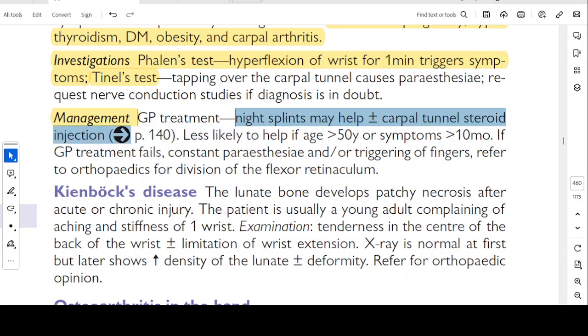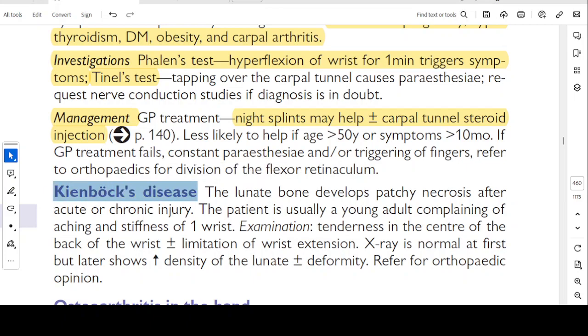So at primary care level, we are supposed to give night splints and carpal tunnel steroid injections. Less likely to help if the age is more than 50 years or symptoms are more than 10 months old. If GP treatment fails, or there is constant paresthesia or wasting of the thenar muscles, refer to the orthopedic division for flexor retinaculum release.